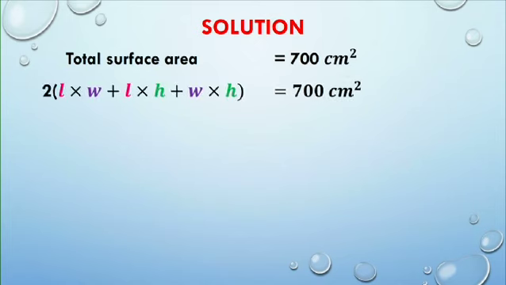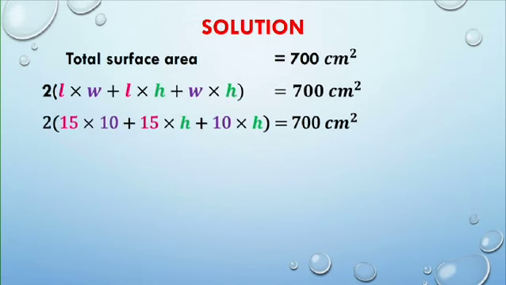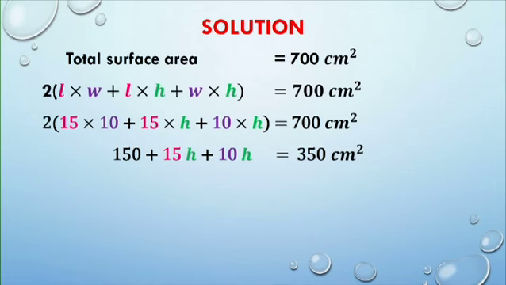That is 2 into L times W plus L times H plus W times H gives me 700 centimeters square. We have been given in the question that L is equal to 15 and W is equal to 10. So I replace these values.